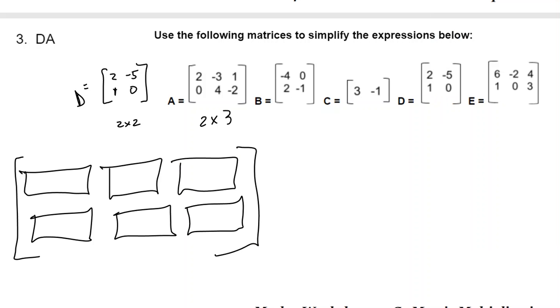All right, so we're going to start with row 1, column 1, 2 times 2 plus -5 times 0. Then we're going to switch to the middle column, 2 times -3 and -5 times 4.